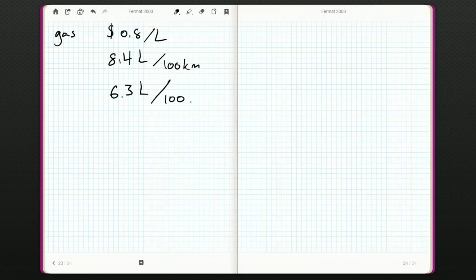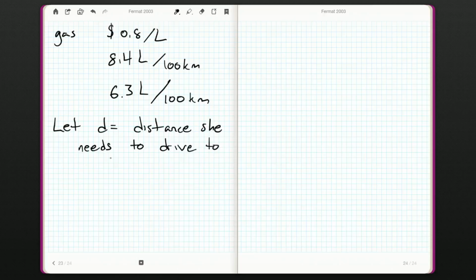Well, I guess, would it be mileage even though we're in metric? I don't know. So I've written down the appropriate numbers. So I'm going to say let D be the distance she needs to drive to break even.